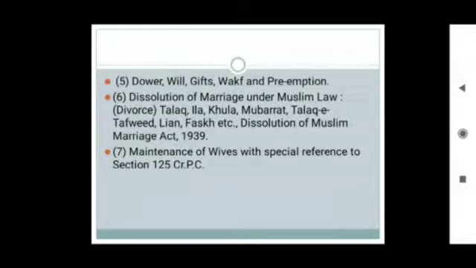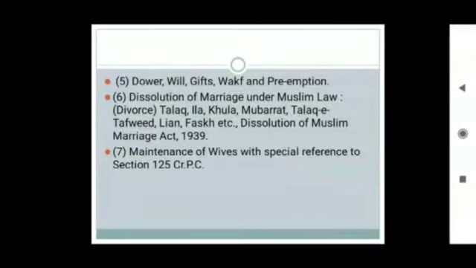So in dissolution of marriage we will understand how it happens by divorce. In brief, in Muslim law it is either by husband, by wife, or by mutual consent, or by judicial decree.